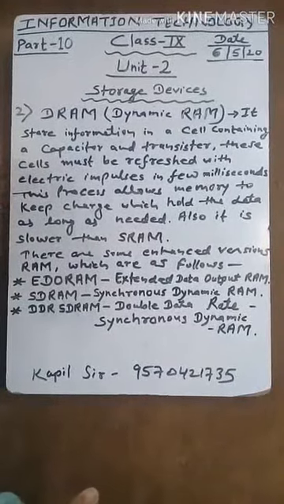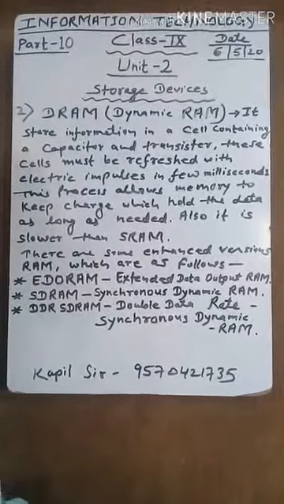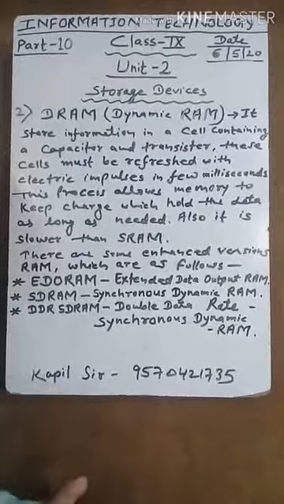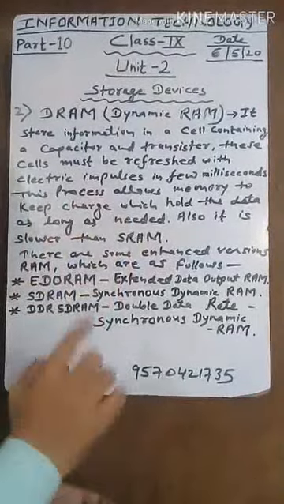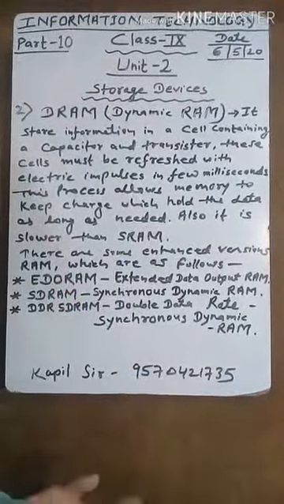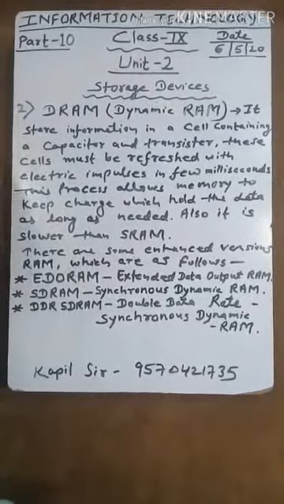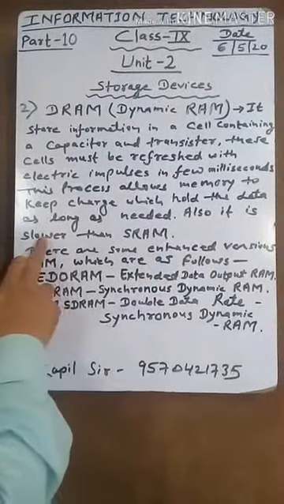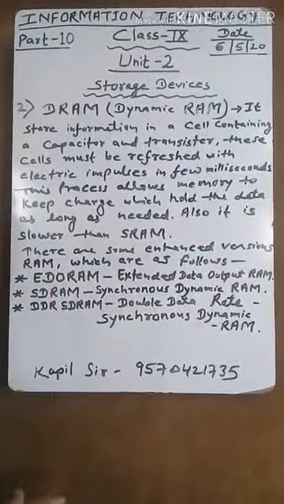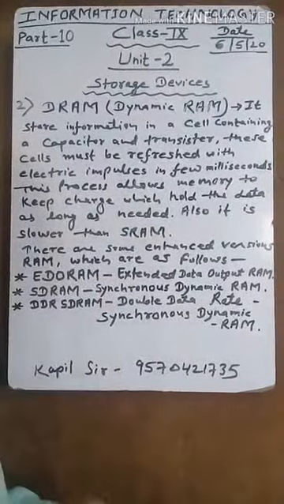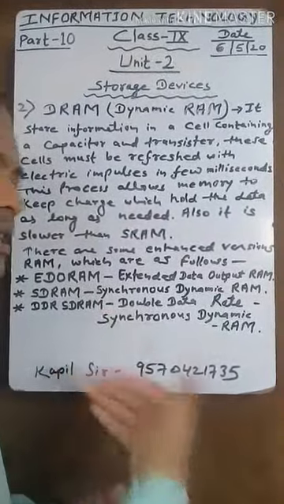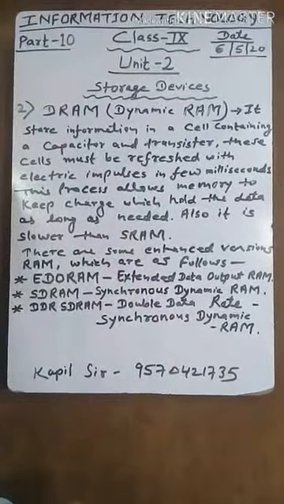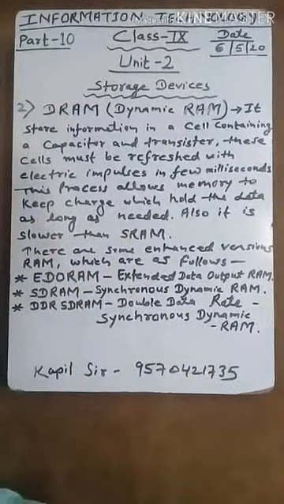If we want to store our data for a long time, then we refresh it with electronic impulses every few milliseconds, time to time. Also, it is slower than SRAM. That means dynamic RAM is slower than static RAM. This is the dynamic RAM.